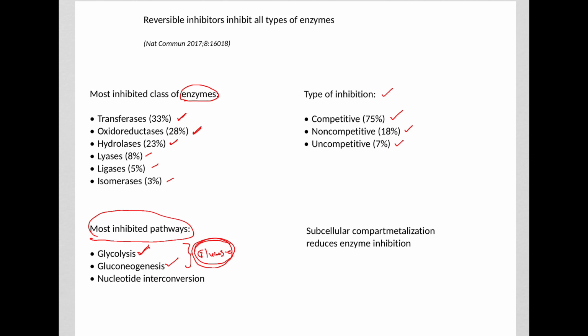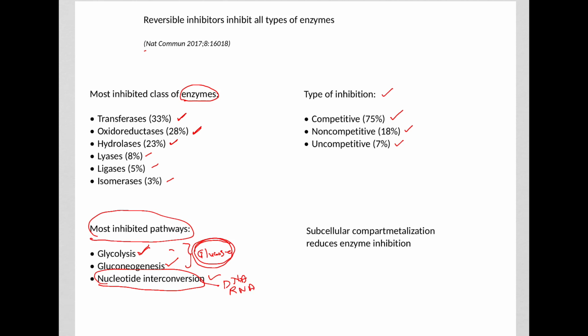Besides glucose metabolism, the enzymes involved in nucleotide interconversion are also very finely regulated. That's not surprising because nucleotides are necessary for making your DNA and your RNA.